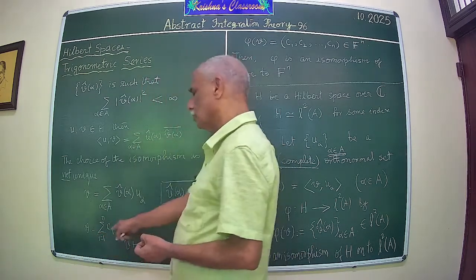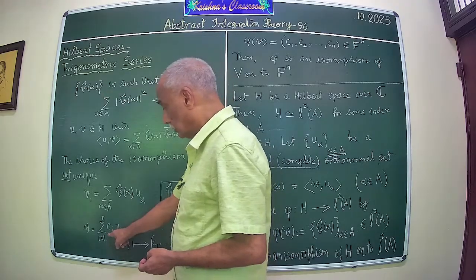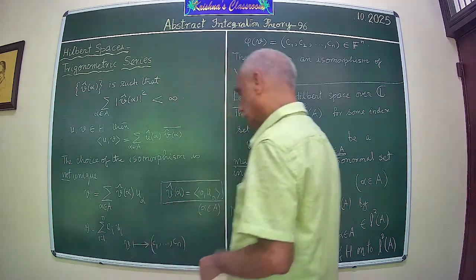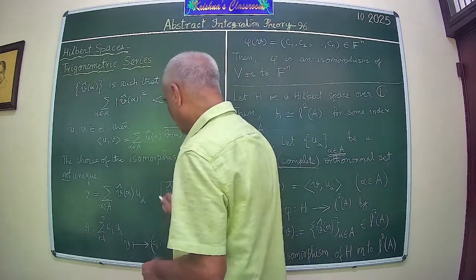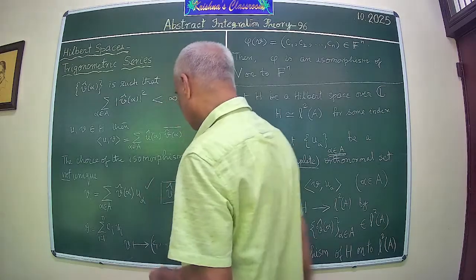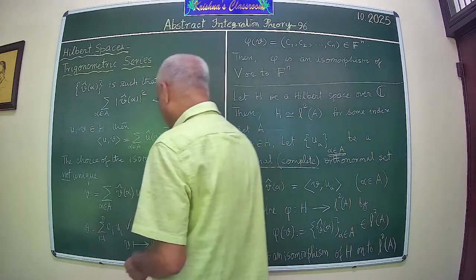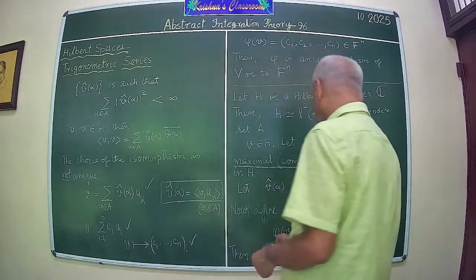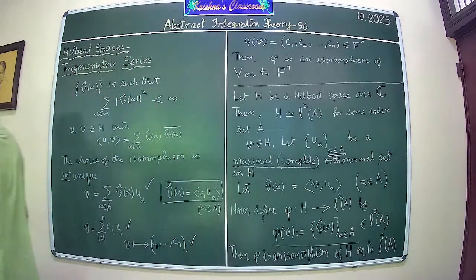You see that these constants are uniquely determined once you choose the ordered basis. So compare this with this one, and compare this with what you have, this one. So I just wanted to bring this remark.